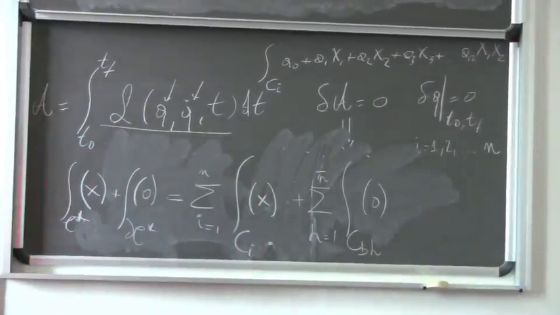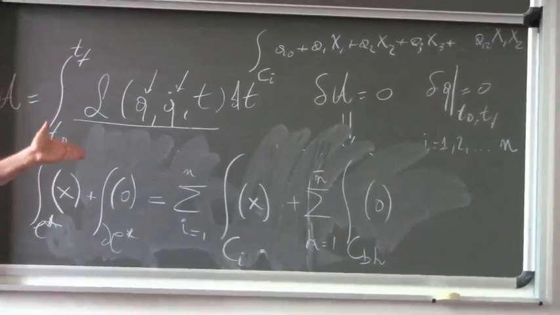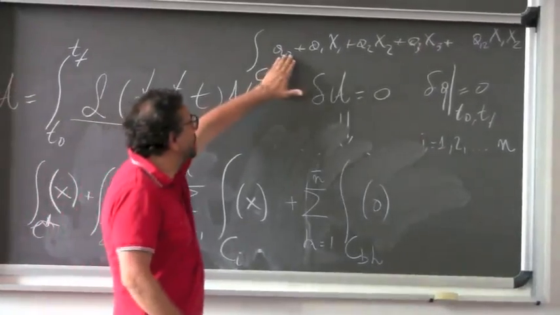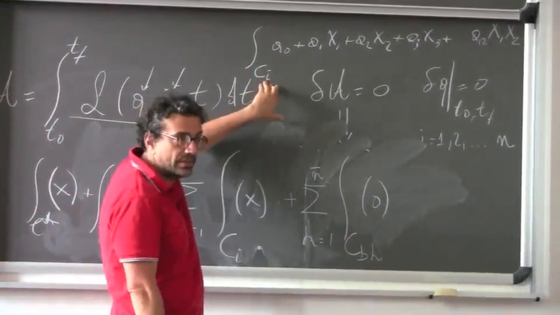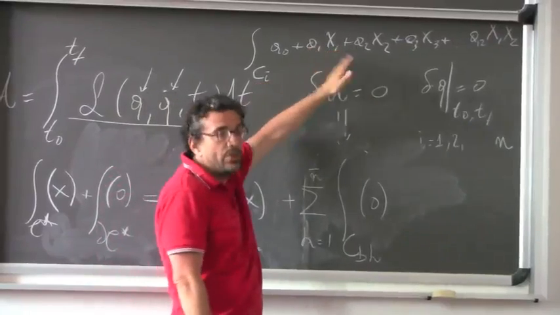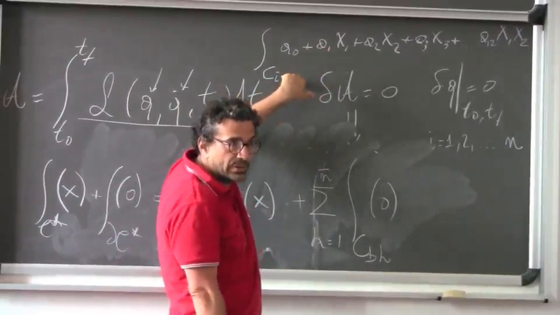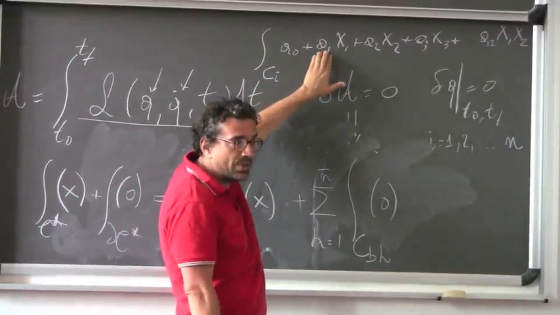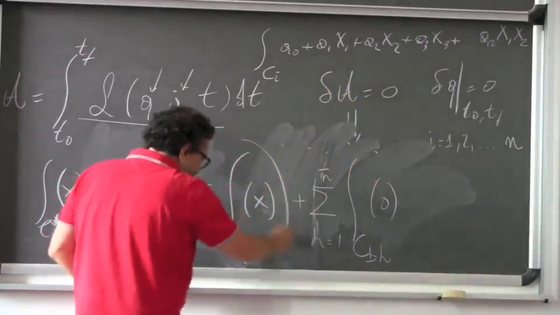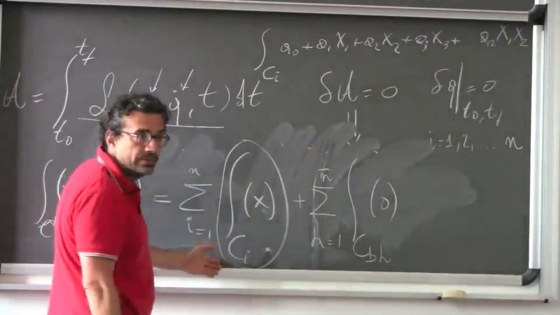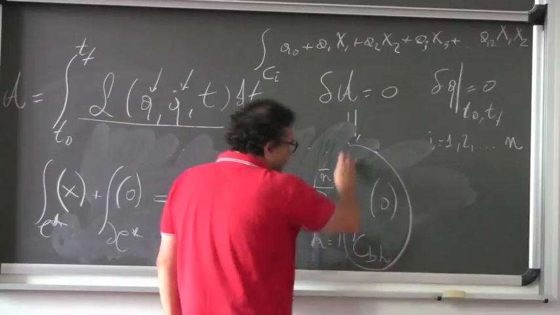Okay? You know how to calculate this integral. Because A0 times the integral over Ci is the volume of Ci. A1x, you can calculate the integral of x1 over a volume, and A1 comes out. So you understand that each of these integrals is computable.